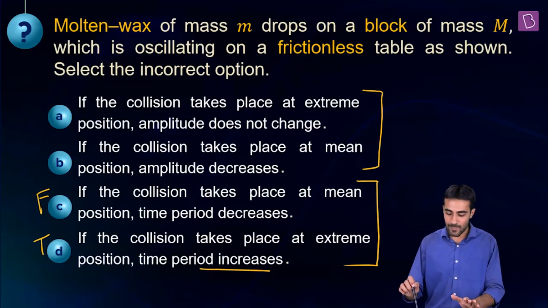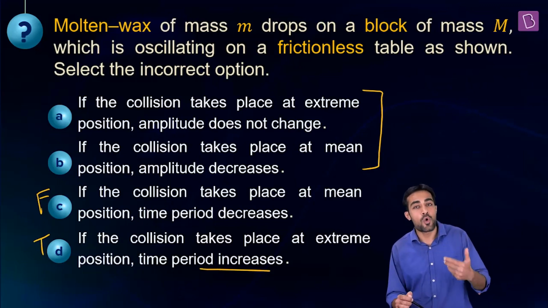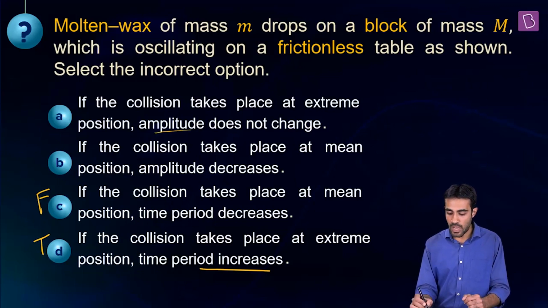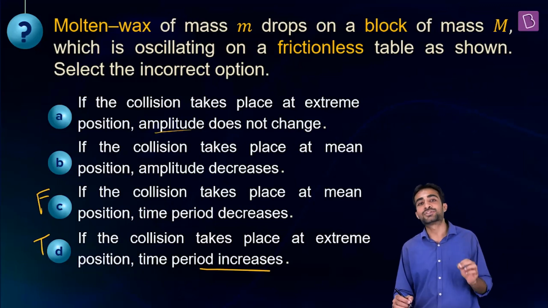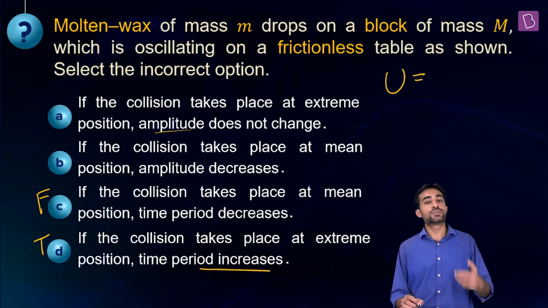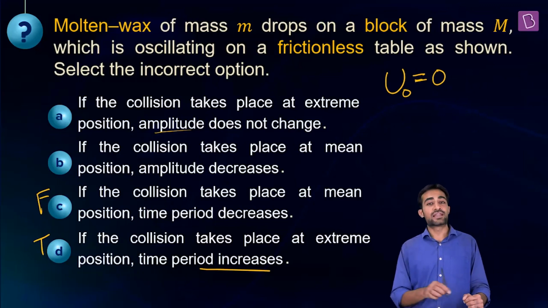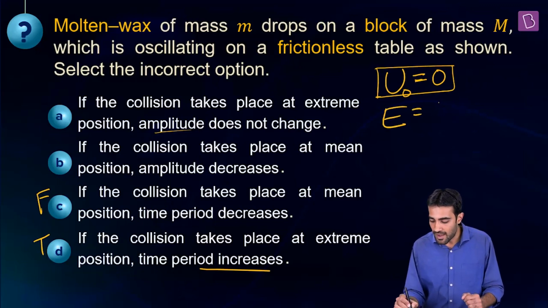Now, let's try to find out whether A and B are true or false. These options deal with amplitude. Let me tell you something interesting about amplitude. If you take the potential energy at the origin, or at the mean position, to be 0, then the total energy in simple harmonic motion can be written as half k a square.